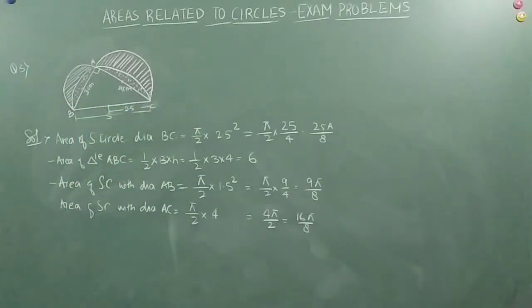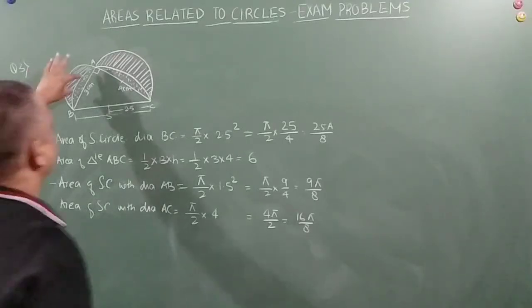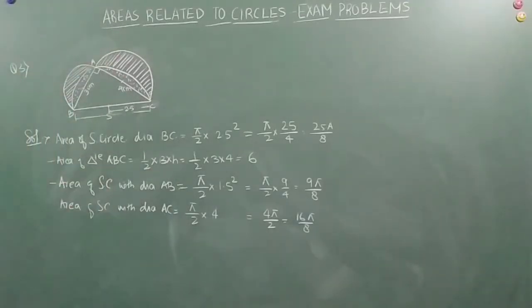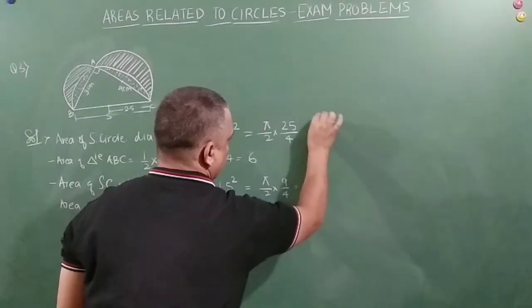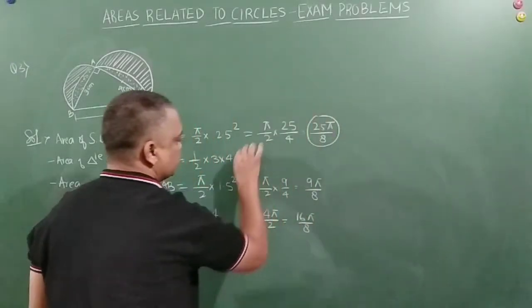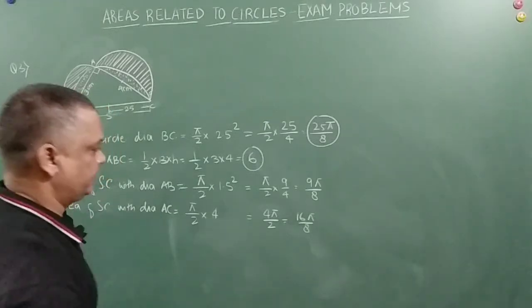Okay. So now area of dotted region, I am talking about this region, this and this. Area of dotted region will be equal to this minus this. I'll explain how.